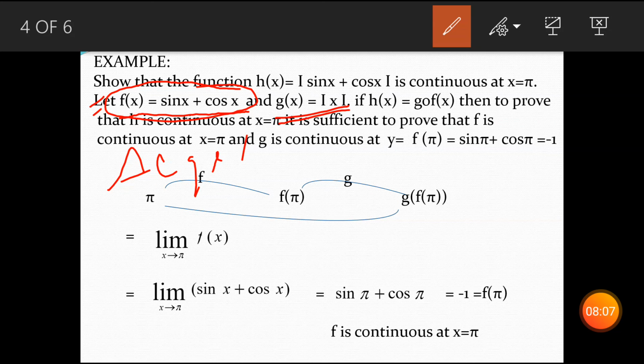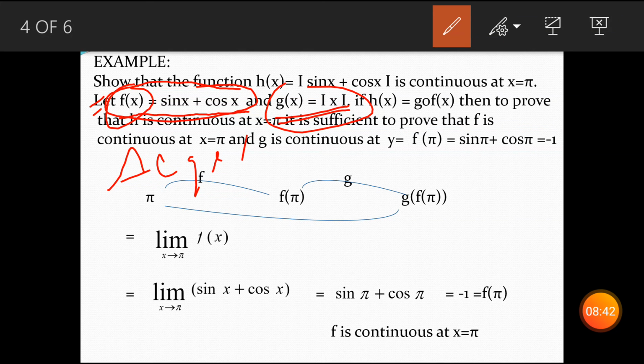In the algebra of continuity you have studied that if both functions are continuous at some point, then obviously their sum will also be continuous. So as sin x and cos x are continuous at pi, therefore their sum, sin x plus cos x, will also be continuous. So f(x) is continuous obviously, and g(x) equals mod x. If this is also continuous, then obviously from the theorem we can conclude that the composition is continuous.